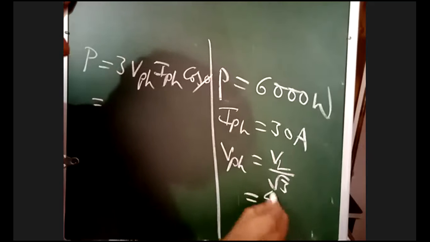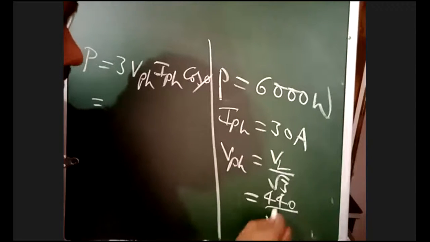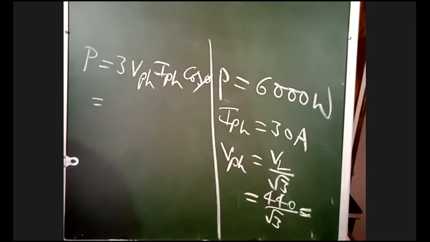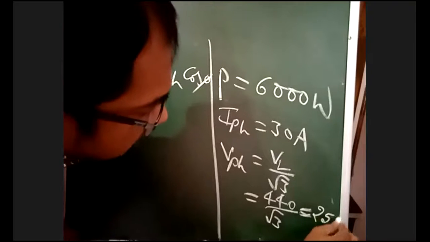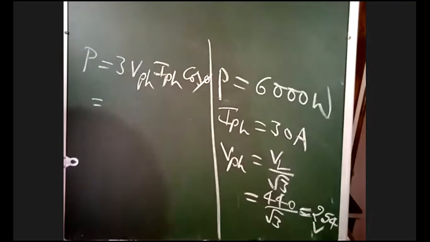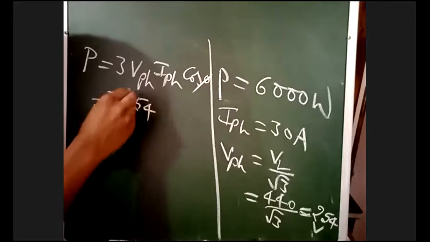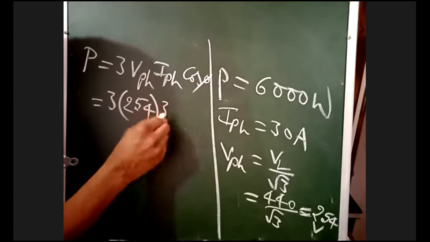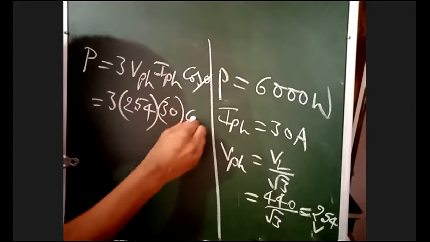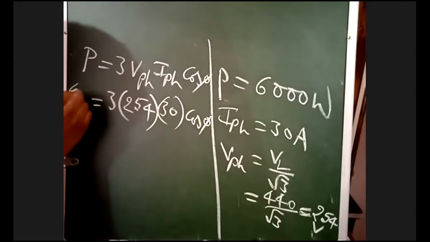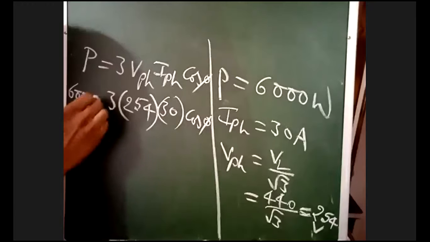Your VL is 440 by root 3, that is equal to 254.03. Okay, 254 volts you take. 3 into 254, I phase is 30. Cos phi you don't know. In the previous problem they have given cos phi, but in this problem they are not giving cos phi. We have to determine cos phi.